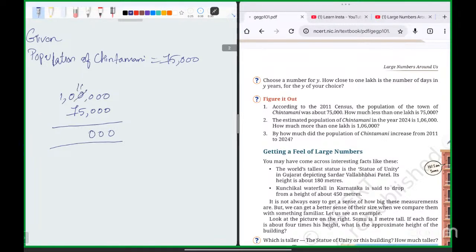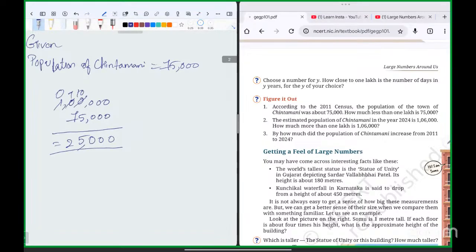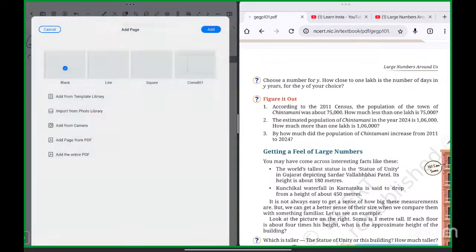So we get here 10 and 9 and 0, which will be 10 minus 5 is 5, 9 minus 7 is 2. So the answer for the first question is 25,000. So 75,000 is 25,000 less than 1 lakh. That is the answer for the first figure it out question. Let's solve the next question in the figure it out.